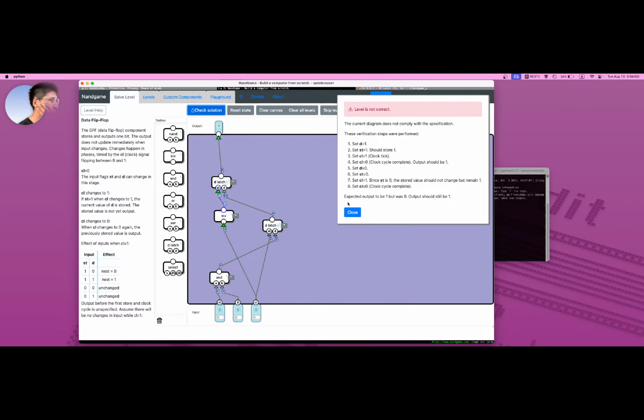Our problem is that when we set clock to 0, output should not change. So we need to trigger something more, something else. Well, D1, S1 should store. We are not storing anything.